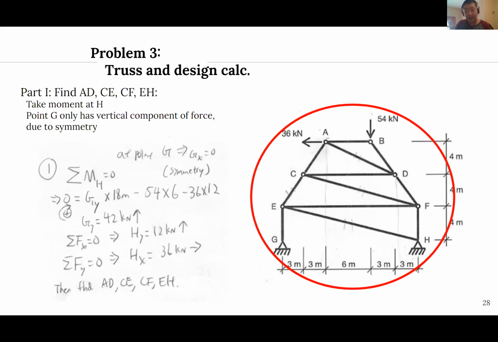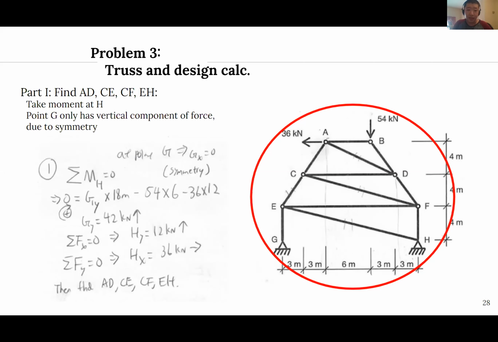This makes it statically indeterminate for the horizontal direction, but because member EG is only allowing for a vertical force to occur, that means GX equals 0, as to maintain symmetry, there is no horizontal reaction at point G. So by taking the moment at point H and equating it to 0, you would find out that GY is specifically 42 kilonewtons going up.